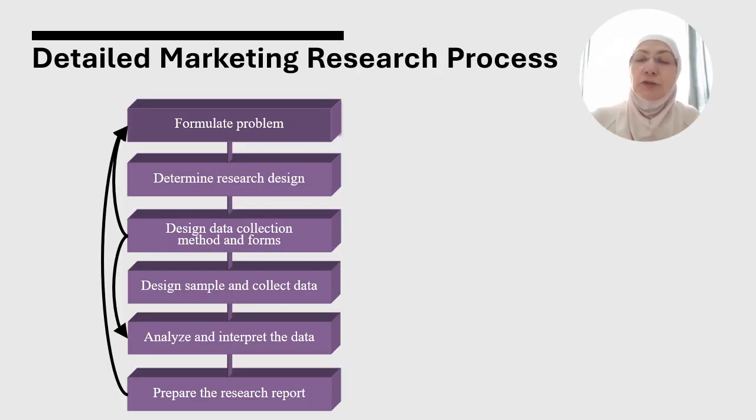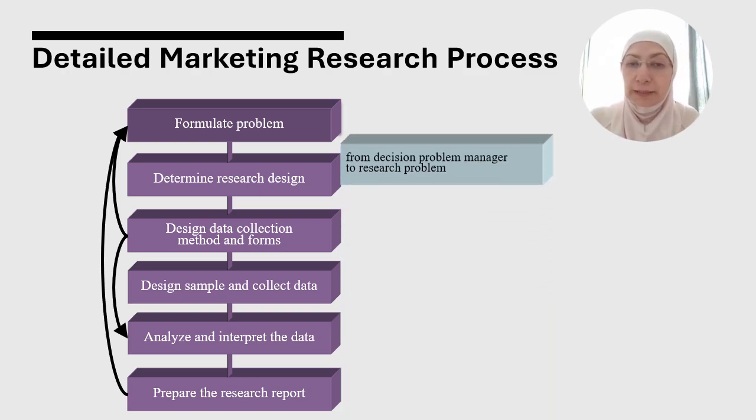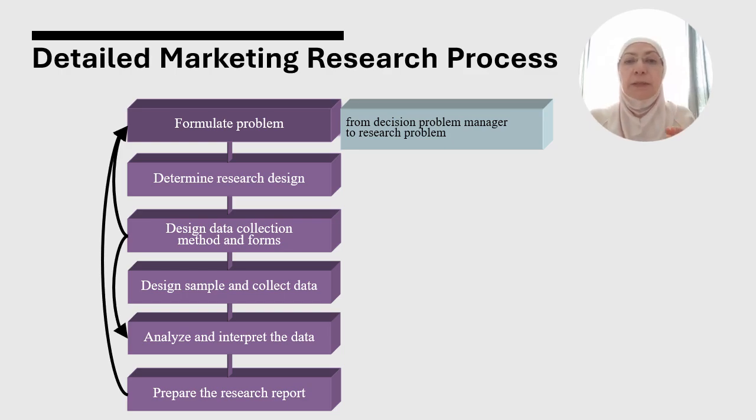So to go into details of market research, we need to start, as we said, with formulating the problem. From the decision problem that the managers have to the research problem, the difference between the two is really important. For example, as a management problem, it is that sales are reducing and we need to decide what to do to increase the sales again.